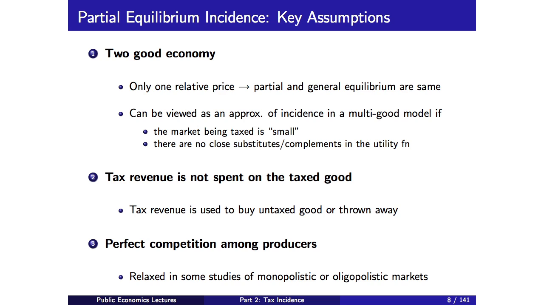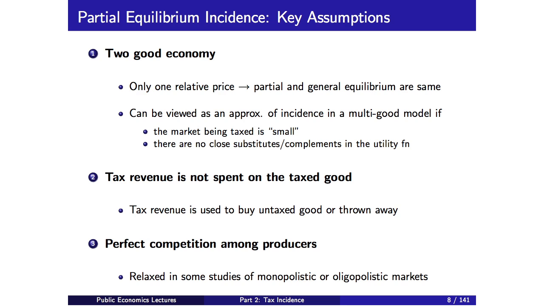So if we think about a tax on labor income, that's not a very good assumption because we think that taxes on labor income are so large that they're going to have income effects that end up shifting demand for all the products in the economy and all prices might change. If in contrast you're thinking about a tax on chewing gum or something, it's unlikely that a tax on chewing gum is going to affect equilibrium wage rates because income effects are so small, the market is so small, and so it's more plausible to use a partial equilibrium approach.